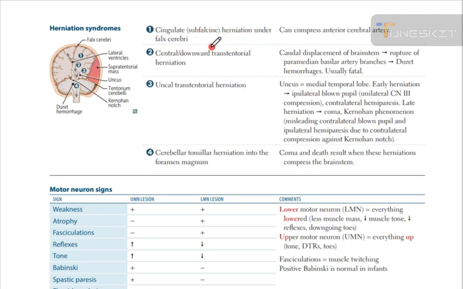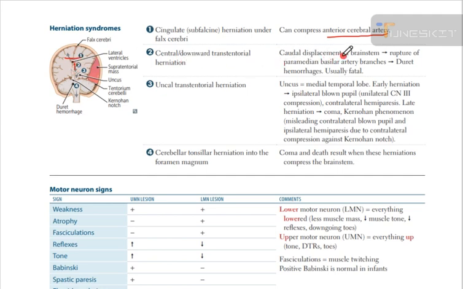The cingulate herniation under the falx cerebri can compress the anterior cerebral artery. Here the portion of brain is moving towards this side. Next is central downward transtentorial herniation, where the portion of brain is moving downward.